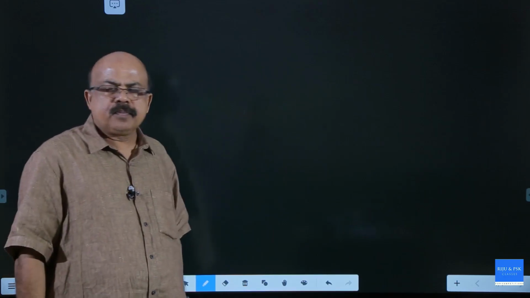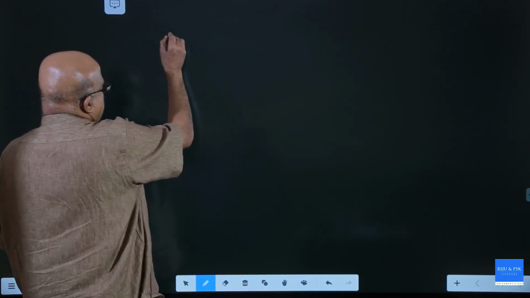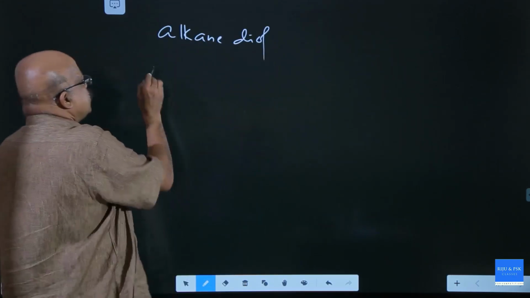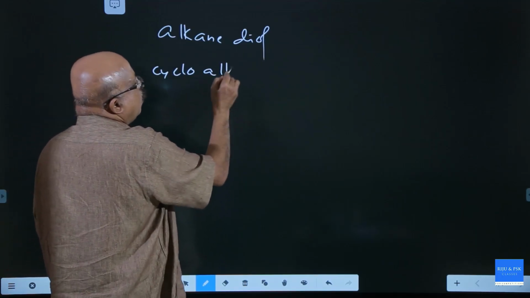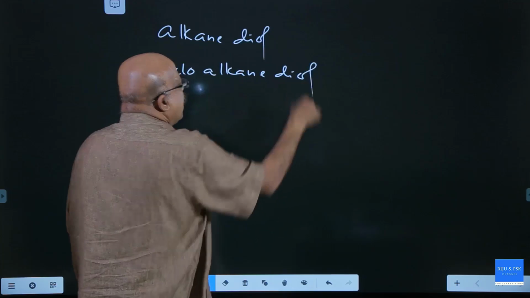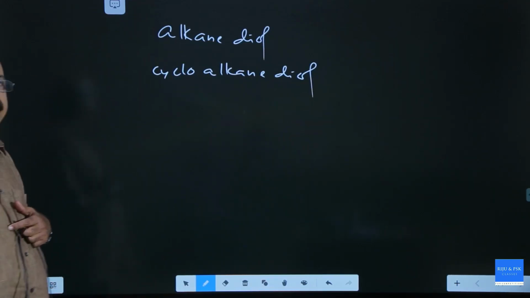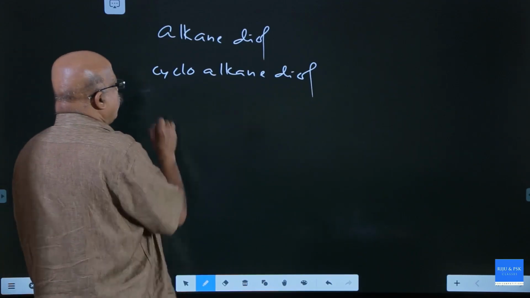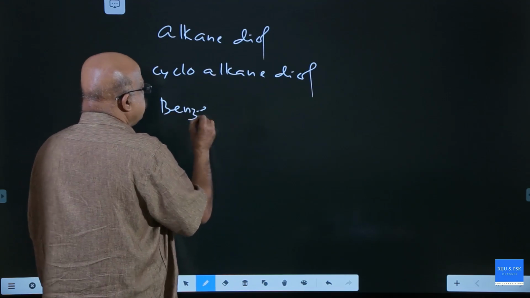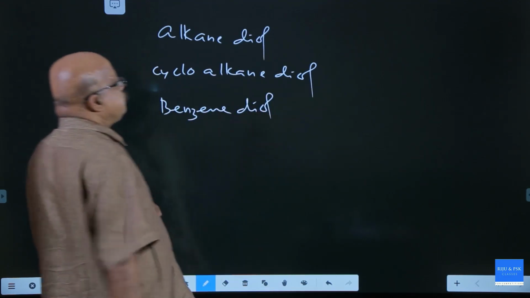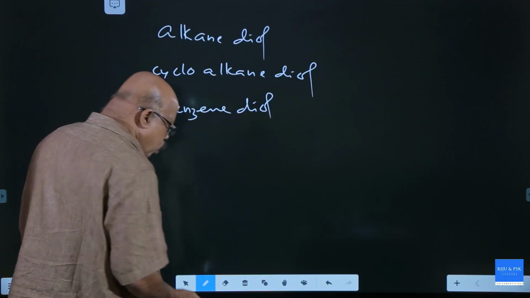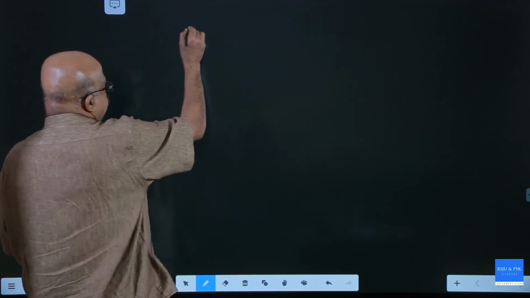If there are 2 OH groups, then the compound may be named as alkane diol, cycloalkane diol, or benzene diol. Let us see the examples.